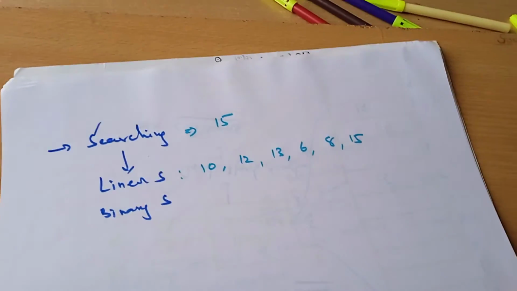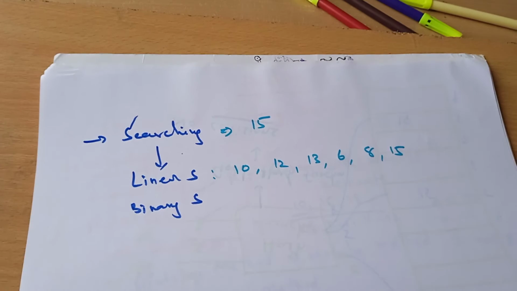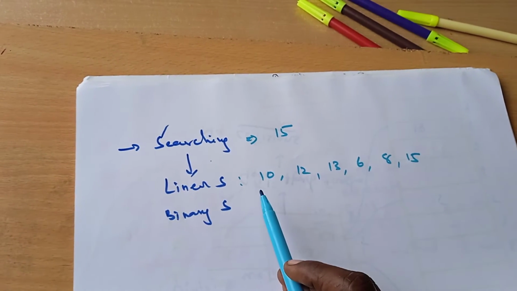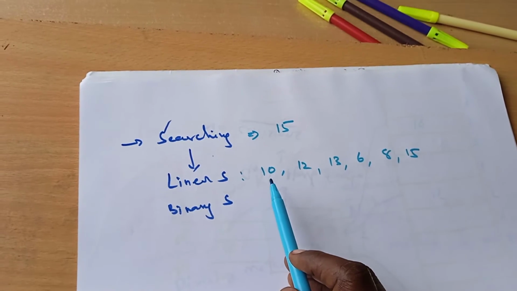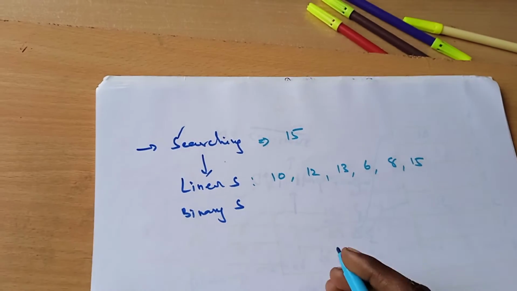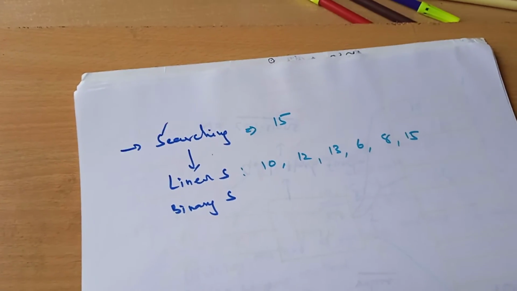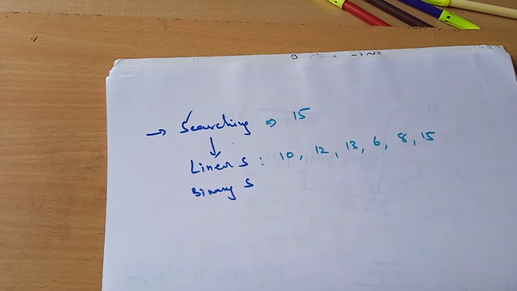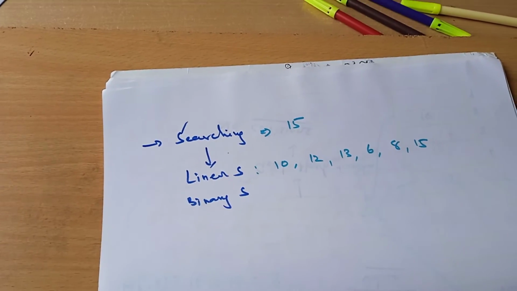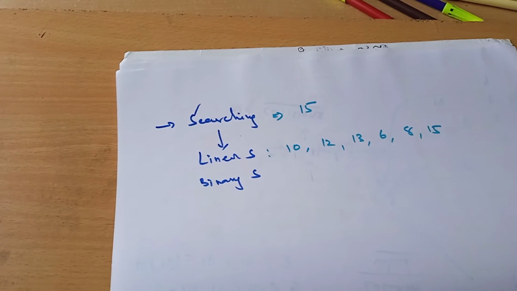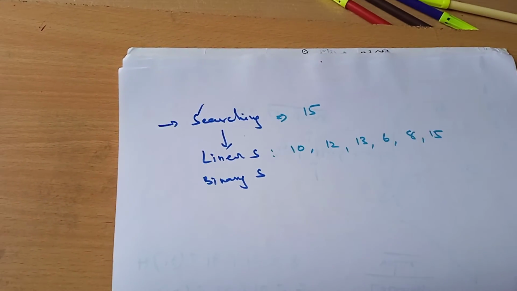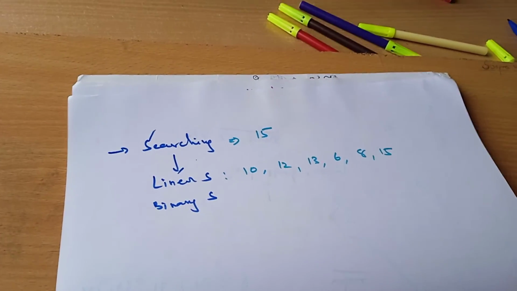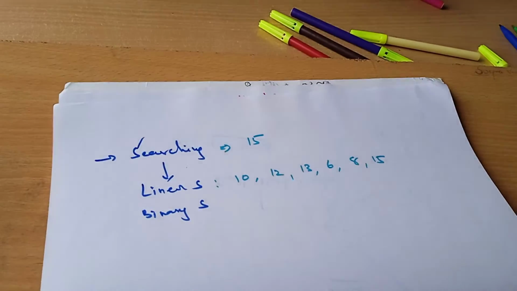Now I wanted to search 15. What I'll do is take one array and check whether each element is 15 or not. We check whether each element is equal to such element or not. So in this way we have to find out the availability of a key element.